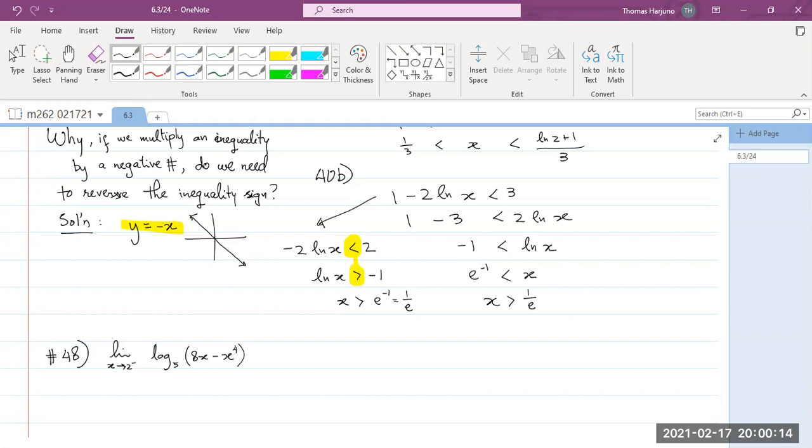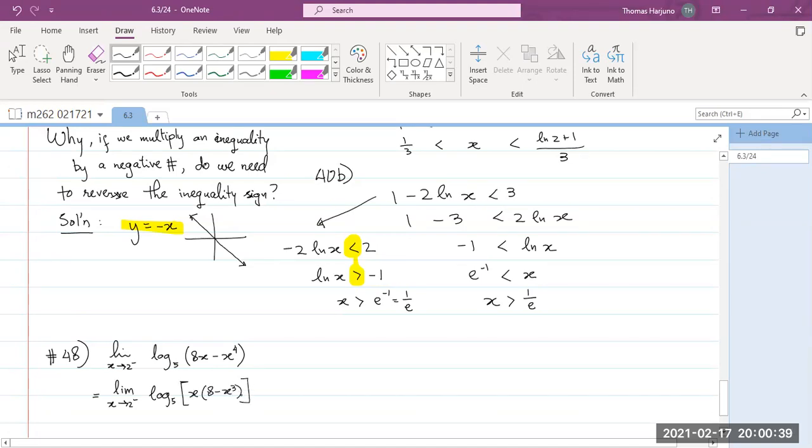I believe there's more than one way, but let's see a better explanation. I think I can factor the x out from the log, right? So this is equal to the limit as x approaches 2 from the left-hand side of log base 5 of x times 8 minus x cubed. Is it okay?